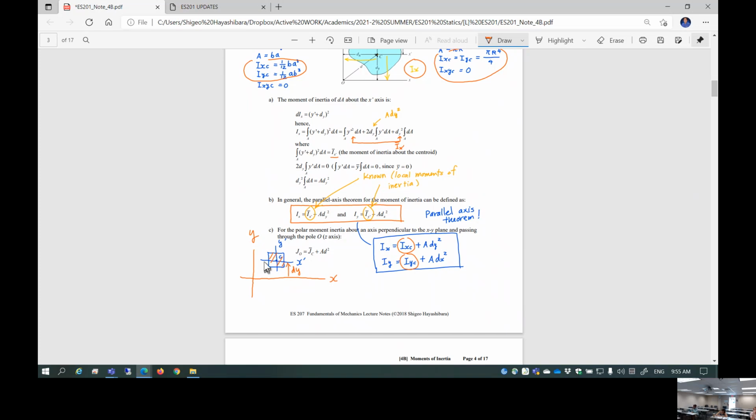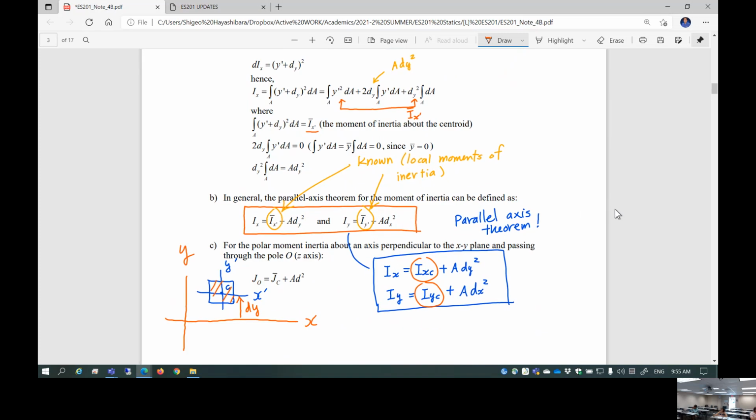In other words, if this cross-section is brought down to the x coordinate system, you can determine how much equivalent moment of inertia it has. That's the parallel axis theorem. You can determine just about any moment of inertia of any cross-section area located anywhere. This is probably the most important concept you need to take from this unit: the parallel axis theorem.